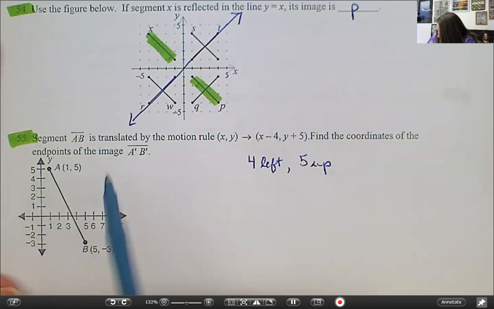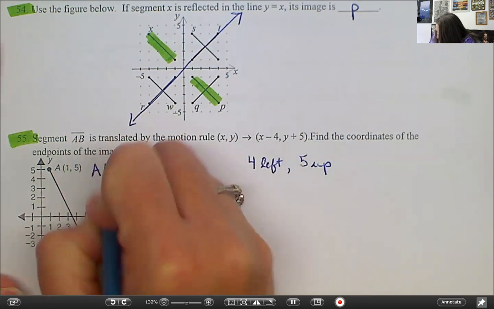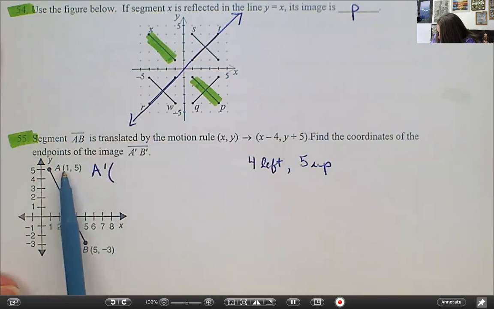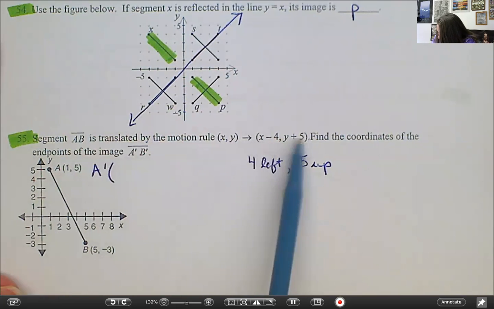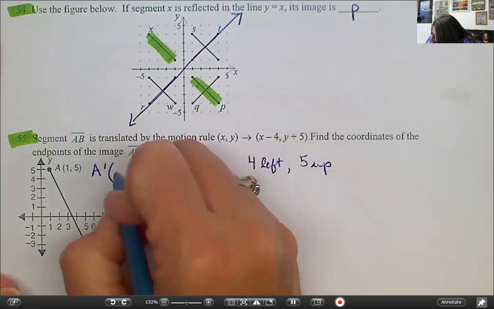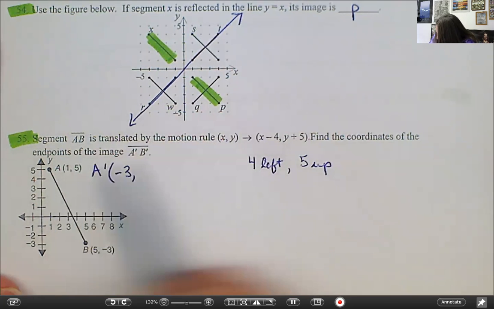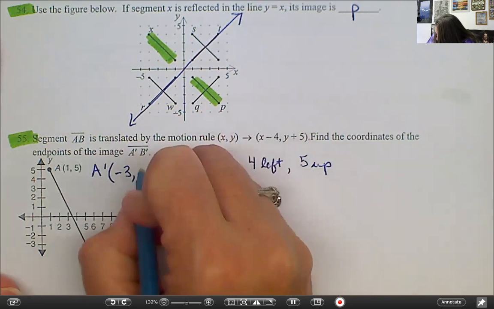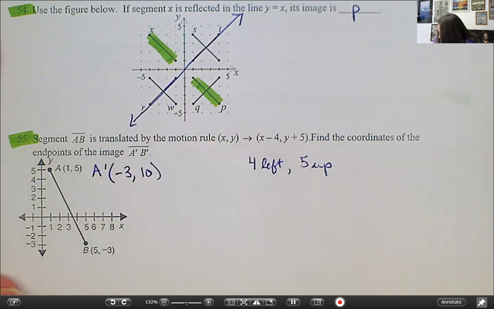Well, if A was at 1, 5, A prime, if I just plug these coordinates in or move them, however it works for you, 1 minus 4 would take us to negative 3. And if I plug in my 5, 5 plus 5 would take you up to 10. Or you see if you start at 1 and move 4 left, you'd be at negative 3.